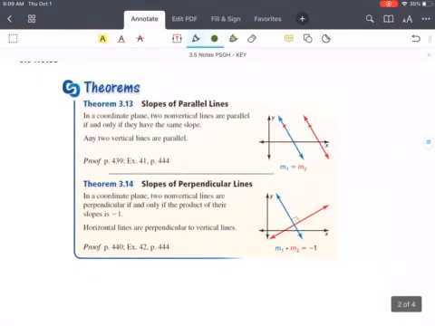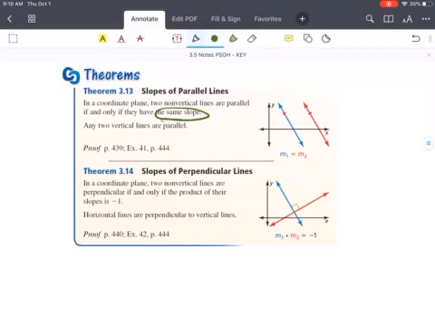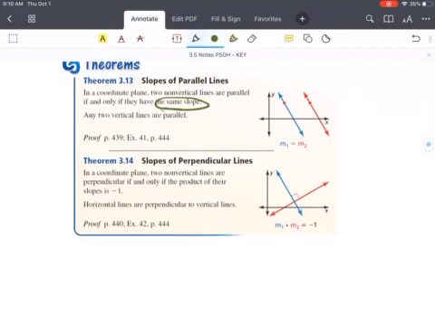This part is a little bit of review. We've talked about how parallel lines have the same slope. So when we find the slope of one, obviously we'll then apply that same slope to the other line. When we are looking at perpendicular lines, it means that when you multiply their slopes, they have a product of -1.